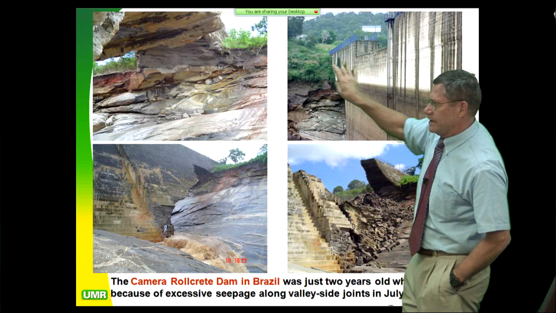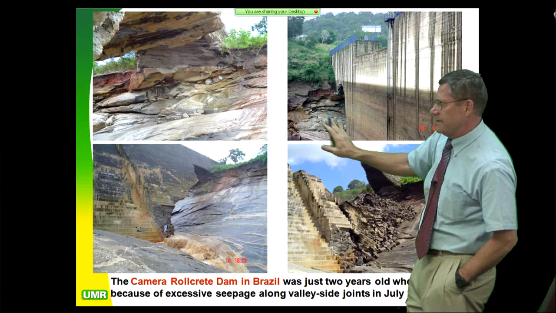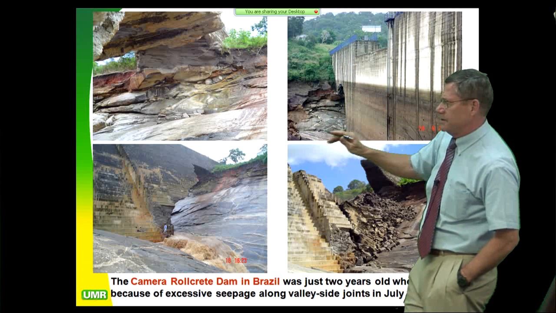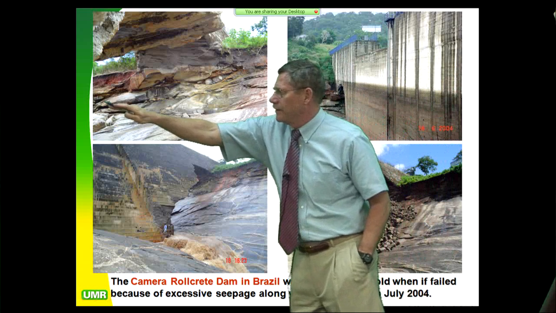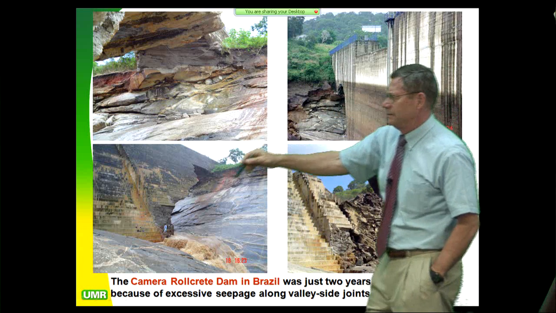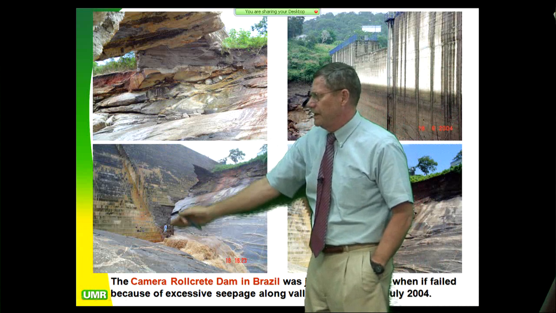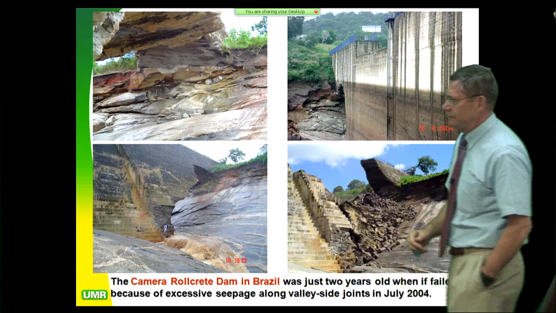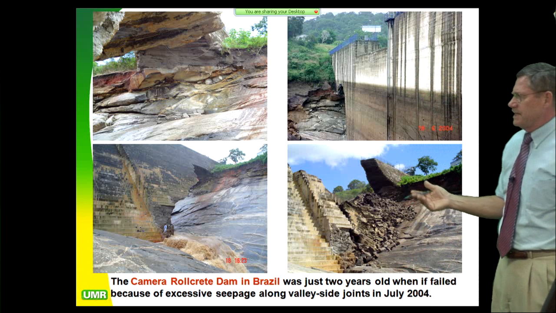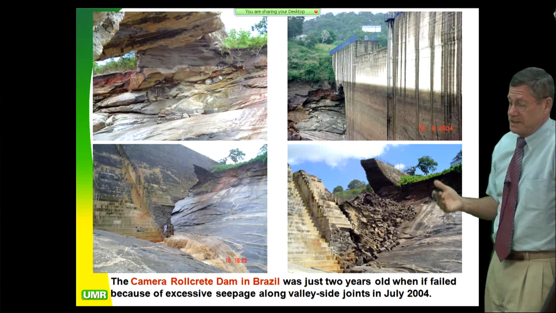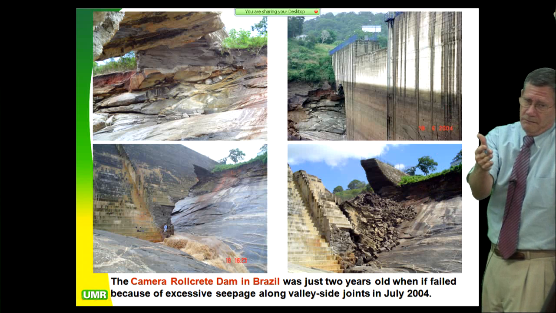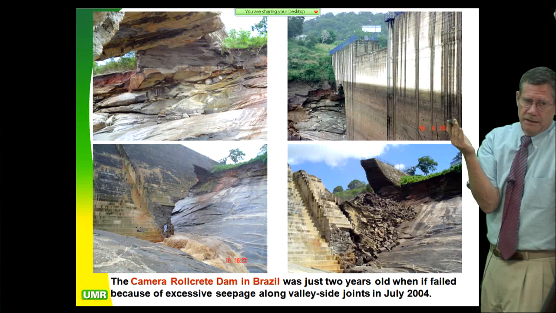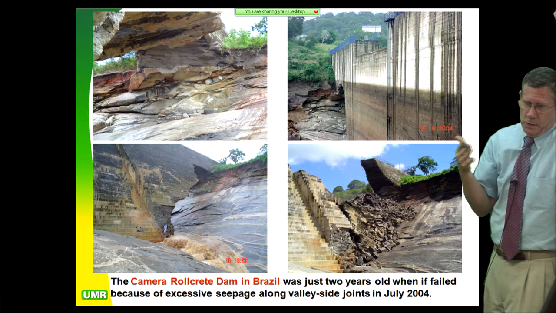You can see this is before the dam collapsed into the hole, but there's the valley side joints. The seepage came around, went through those, undercut the dam, and then the dam fell into the hole on its first initial filling. So that's excessive seepage along these valley side joints. The reason you have excessive seepage is the open joint. So you're not going to get any head loss as you flow through it.